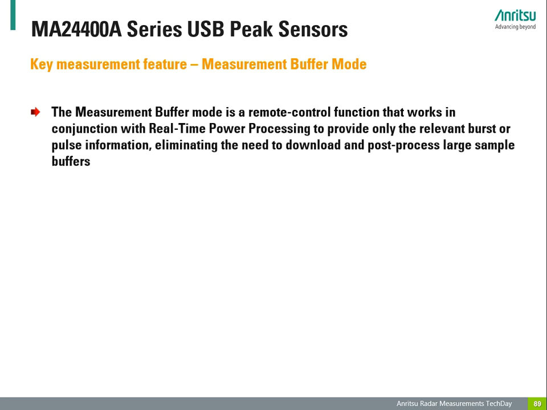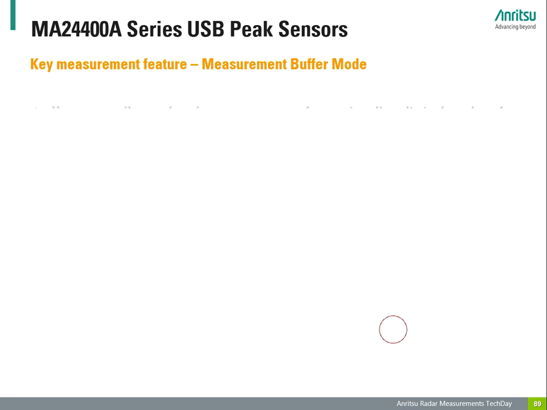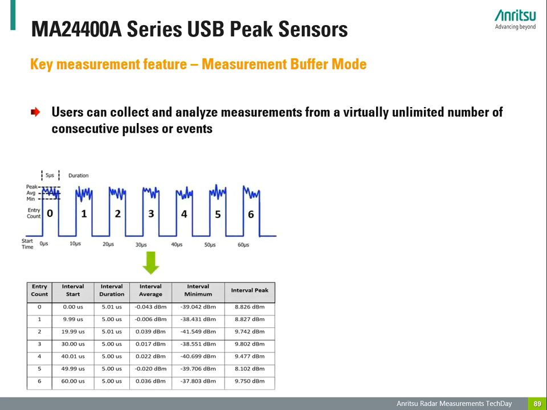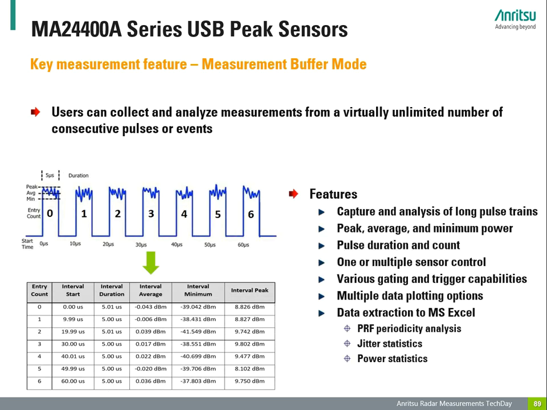The MA244XXA buffer mode application enables users to make power measurements over long periods of time with essentially no gaps in acquisition or analysis. This is accomplished by real-time power processing. The application controls one or multiple sensors to capture and analyze the input signal during intervals of interest defined by the user, and discards information during non-relevant intervals in virtually real time.